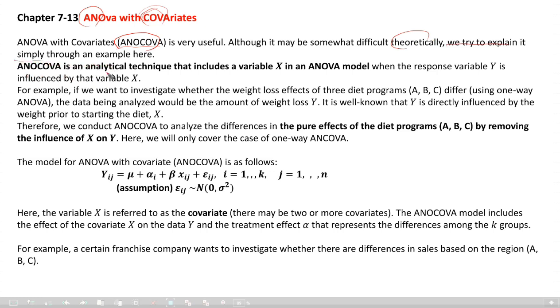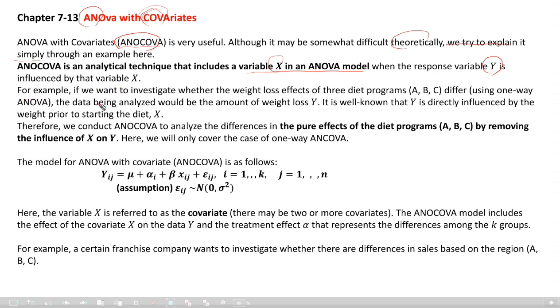ANCOVA is an analysis technique that includes a variable x in the ANOVA model. The response variable y, which we want to analyze, is influenced by some variable x.